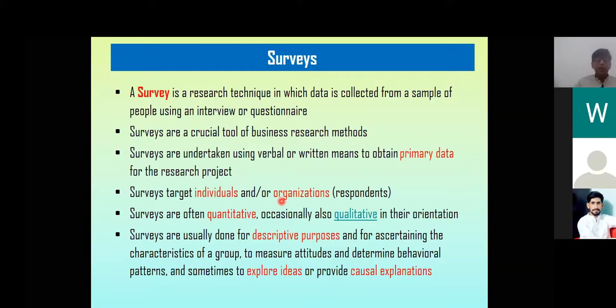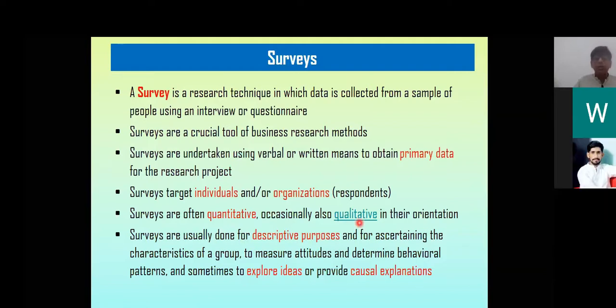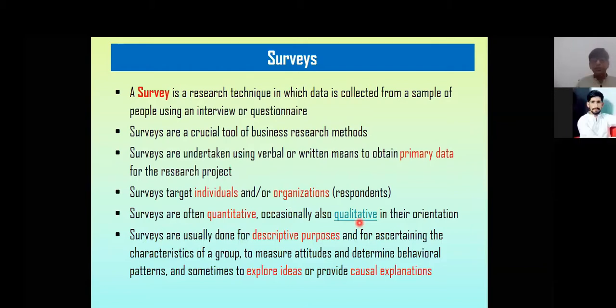Now, surveys can be quantitative and qualitative. Normally we think that surveys are only quantitative. Now I think you know the difference between qualitative research and quantitative research. Quantitative research is what we conduct on the basis of the Likert scale, and the responses are in the shape of numbers, 1, 2, 3, 4, 5, whatever.